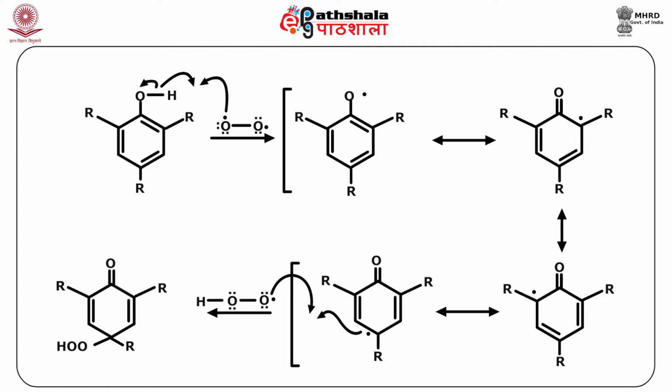We can see here the molecule tends to undergo a cleavage forming a phenoxy radical and a hydroperoxide. This phenoxy radical undergoes resonance stabilization, leading to the formation of a radical at the para position carbon atom, which in turn combines with the hydroperoxide, forming the given compound.